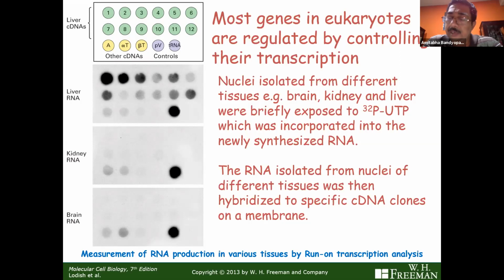But generally speaking, on the same array, mRNA is isolated from condition 1 and mRNA is isolated from condition 2. From condition 1, the mRNAs are fluorescently labeled with, say, green color. From condition 2, mRNAs are isolated with a fluorescent label of red color.